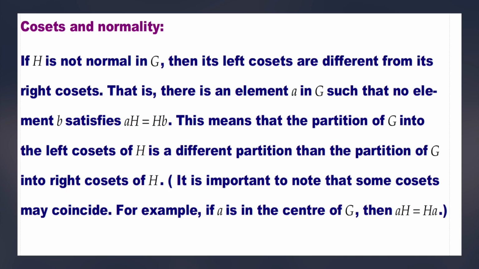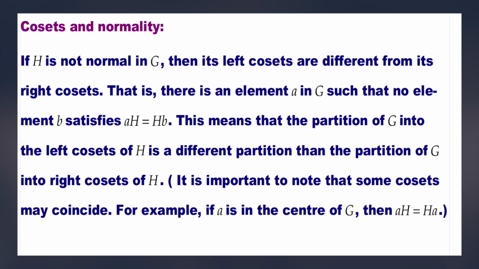Now, can we relate the cosets with normality? Cosets and normality. If H is not normal in G, then its left cosets are different from its right cosets. That is, there is an element a in G such that no element b satisfies aH = Hb.